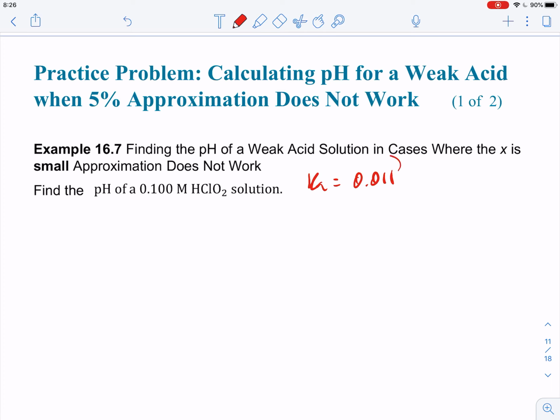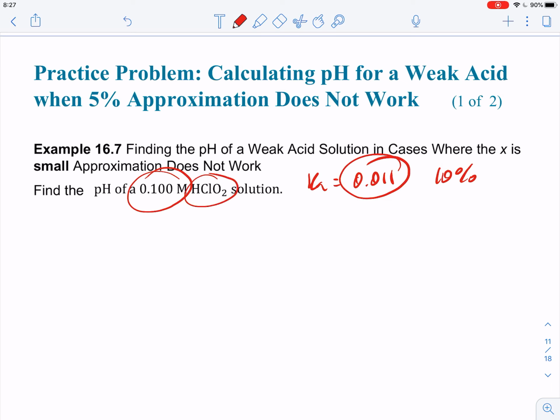Now you compare this value to the concentration, and it's about 10%. A 10% difference between Ka and the concentration of acid tells you that at best the value of X would be about 10%. So that's more than the 5% that we are looking for, right? So from the get-go, we already know this is not going to work. We have to do the full quadratic equation here.